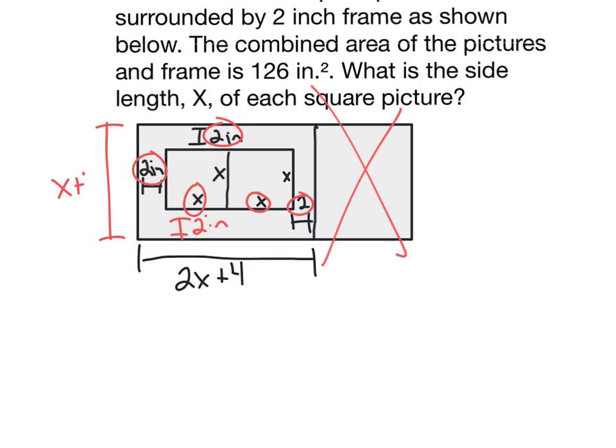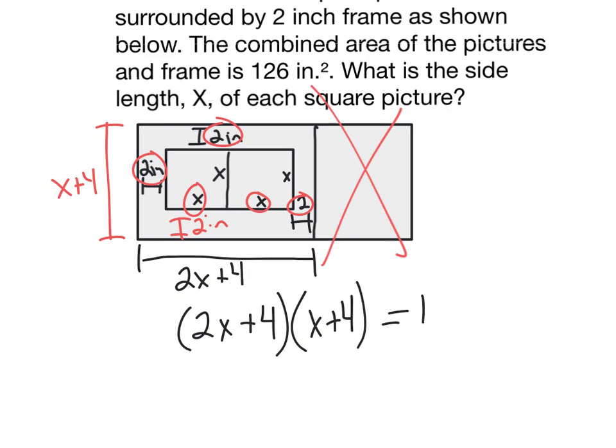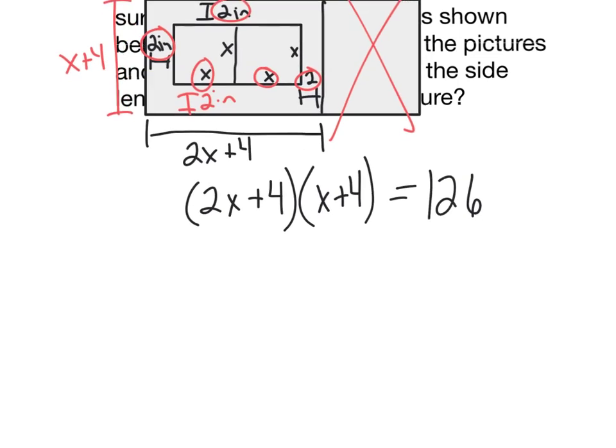This would be x plus 4. So we know the area of a rectangle is length times width. So 2x plus 4 times x plus 4 equals 126.